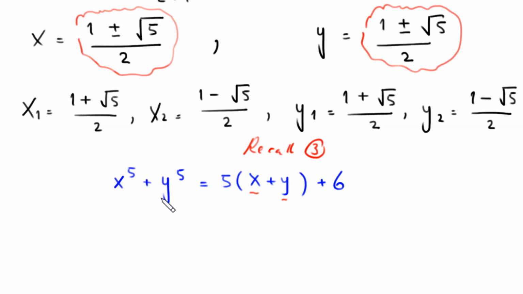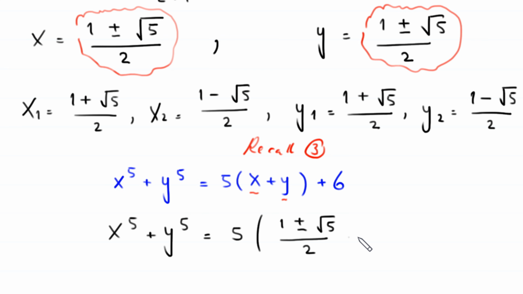So this will become x to the power 5 plus y to the power 5 is equal to 5 times (x is (1 plus minus root 5) over 2 plus y is (1 plus minus root 5) over 2) plus this 6.